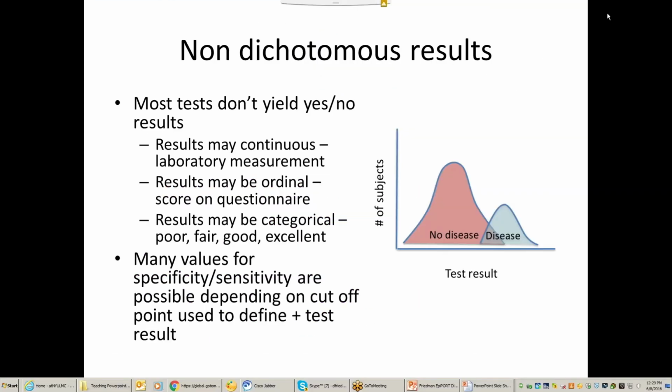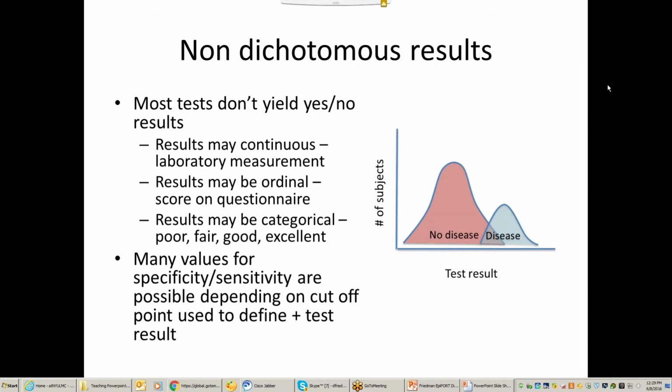So what we talked about before was mostly for dichotomous test results, that could be put into a 2x2 table: yes, no, positive, negative, that kind of thing. But a lot of our test results don't yield yes/no results. For instance, you may have a laboratory measurement that's continuous, or a score on a questionnaire, or results may be categorical in some ordinal way.